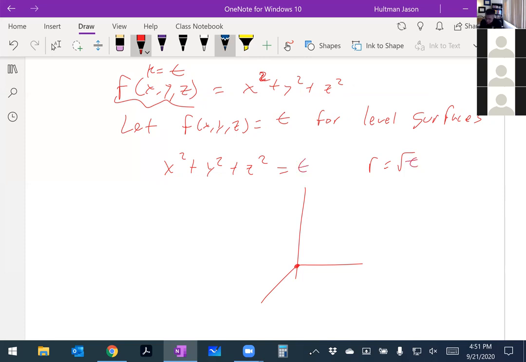Just know that k is equal to t. So when t is equal to 0, we're right there, at a dot. When t is equal to 1, where are we at? Well, we're at a sphere of radius 1.